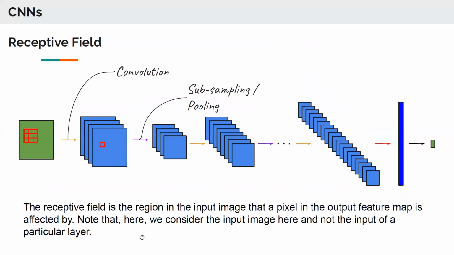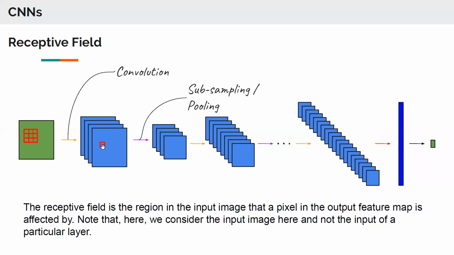Okay. So finally, just to have one more concept, now that we have looked at convolution and pooling, this concept is receptive fields. The receptive field tells us, if we look at a certain pixel in some output channel, what is the region in the input image that is affecting the value of this pixel?